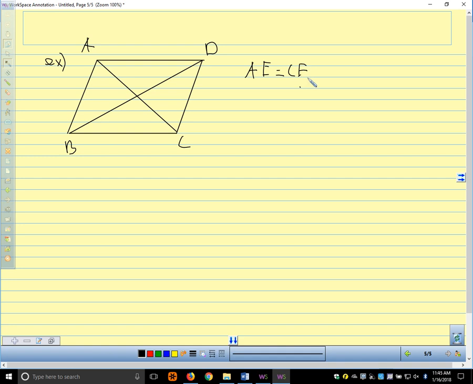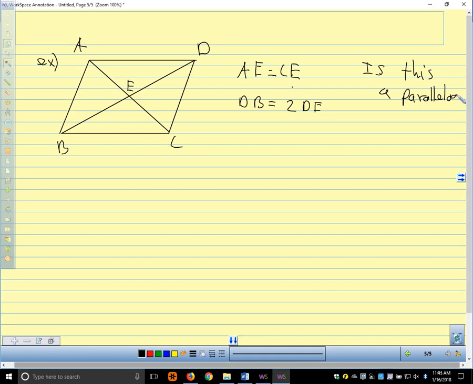And DB equals 2 DE, and I'm going to put point E here. And I want to know, is this a parallelogram? And if it is, why?